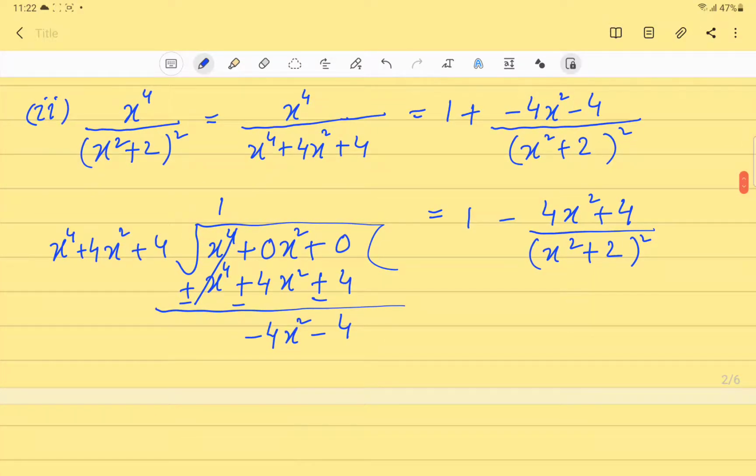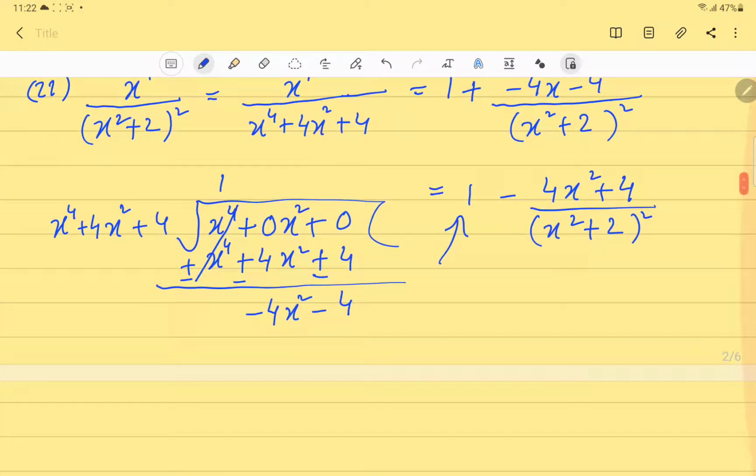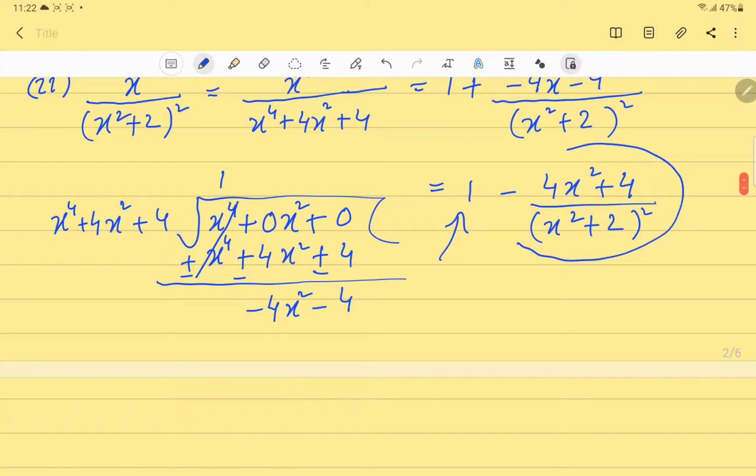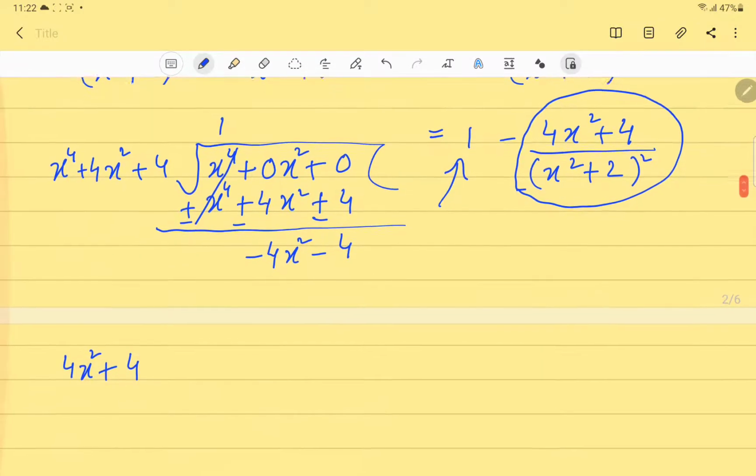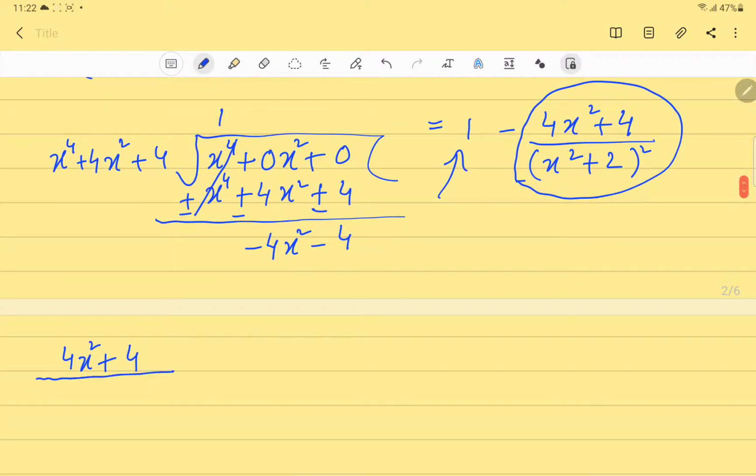Now for the time being, we will ignore this 1 and we will solve this algebraic fraction, and we will make partial fractions of this. So let's write this down separately: 4x squared plus 4 over x squared plus 2 whole squared.